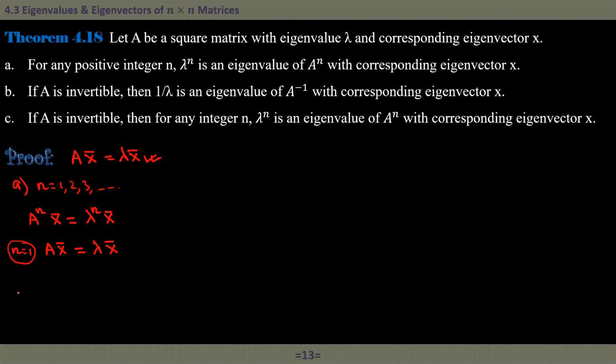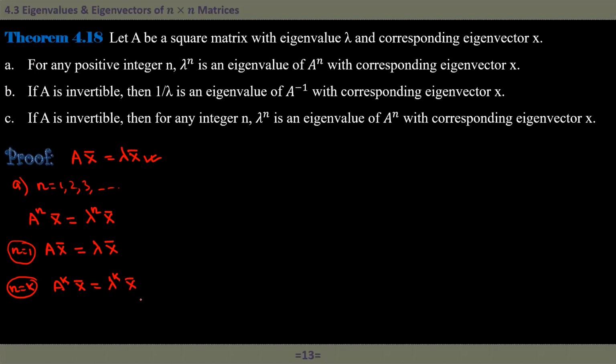Now we assume that for some positive integer k, this is true: A to the power k times vector x equals lambda to the power of k times vector x.